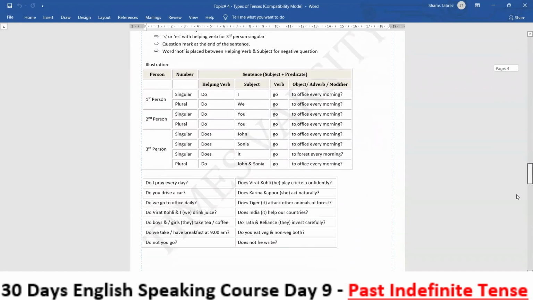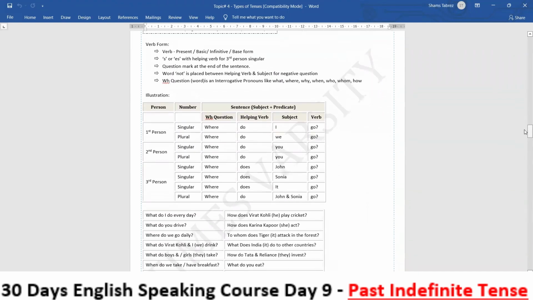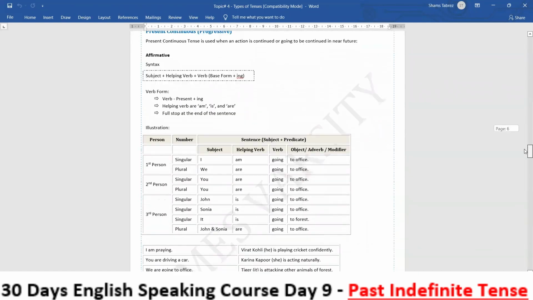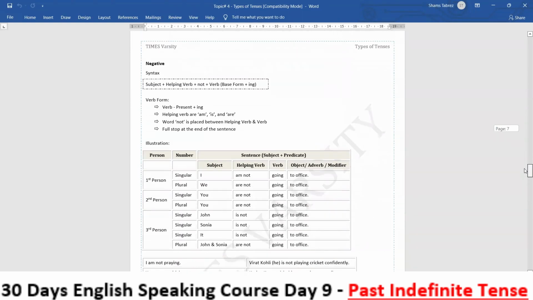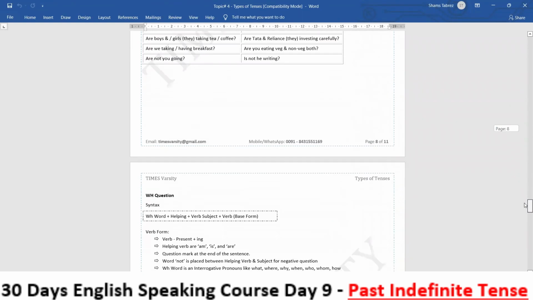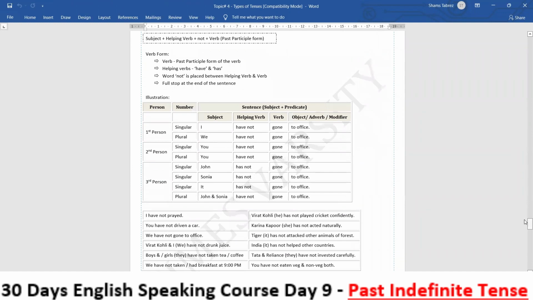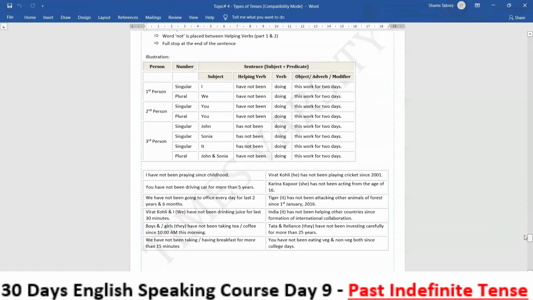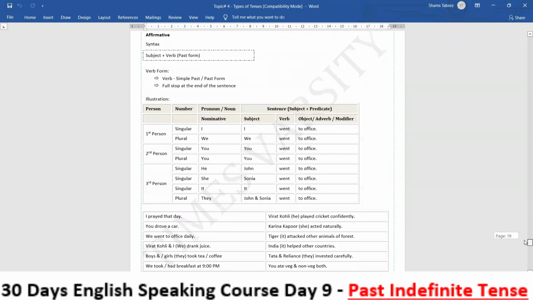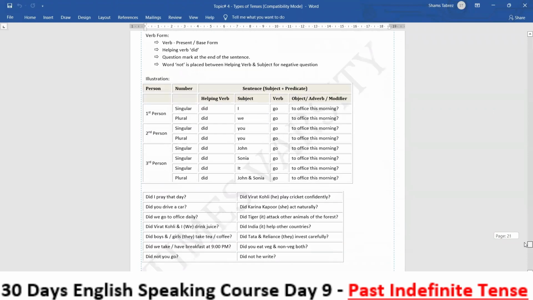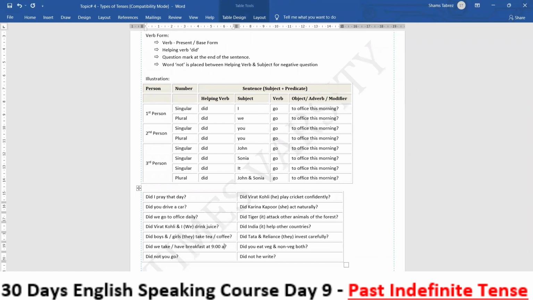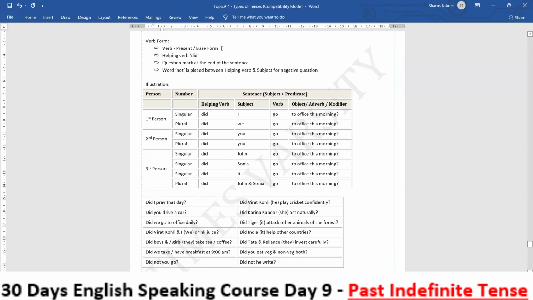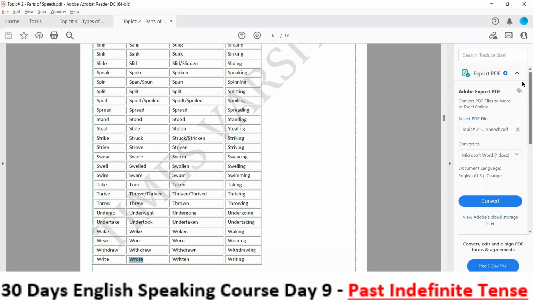And in this one, here also we will correct it. Simple form of the verb, so first form of the verb.